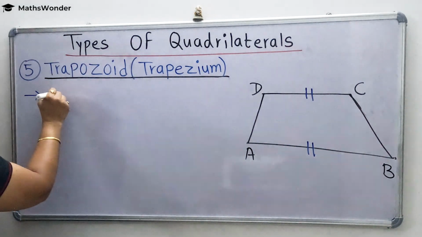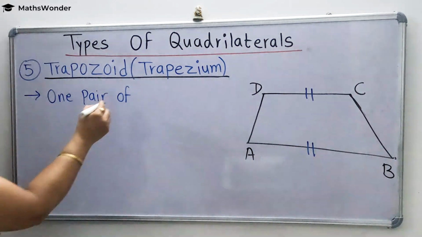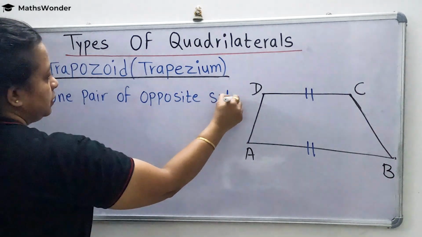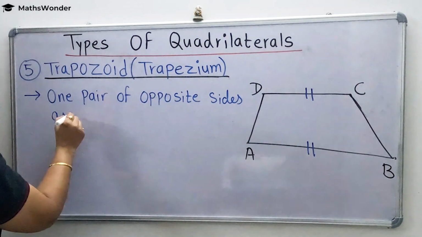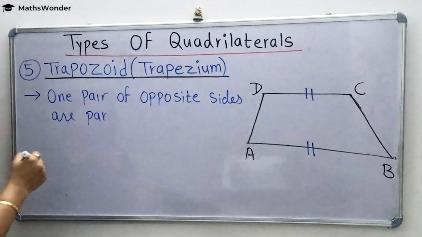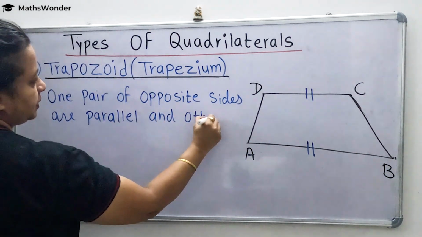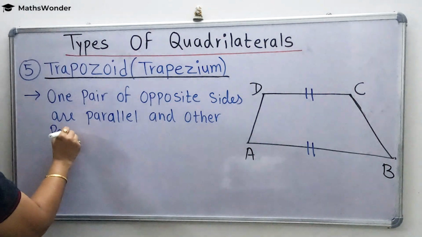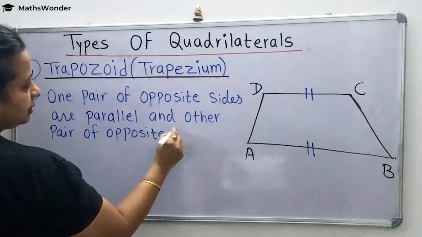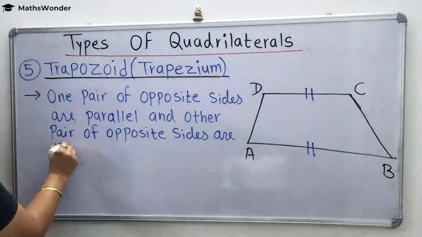So write down: one pair of opposite sides are parallel and the other pair of opposite sides are non-parallel.